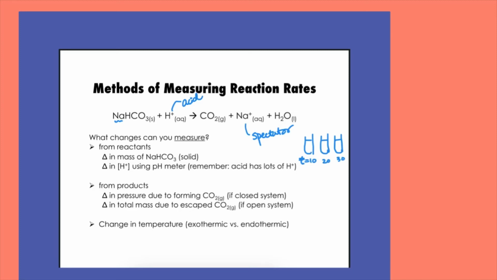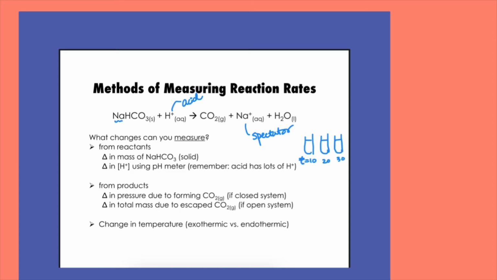Another way of measuring reaction rates using a reactant is by using a pH meter. Now, acid has pH below 7 at room temperature, so as you start the reaction and as hydrogen ion is being consumed, it will become less acidic over time.